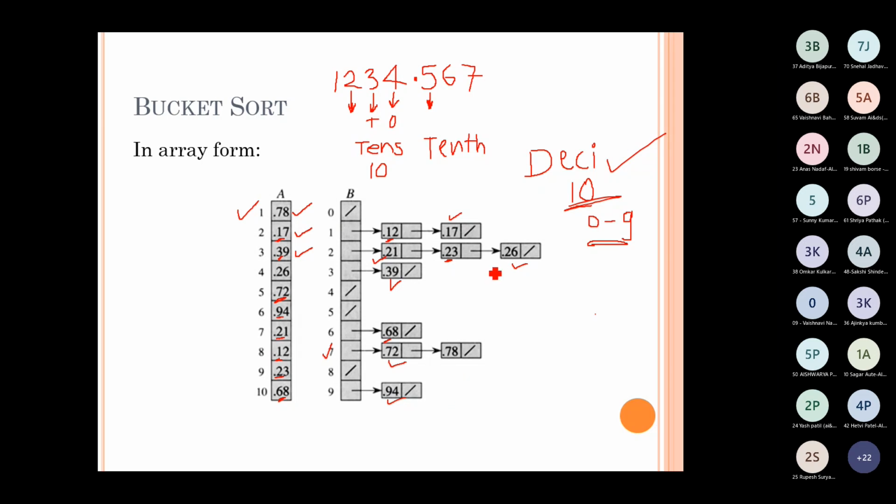Now ये just dumping किया है. Now these numbers are now sorted inside the bucket. So 0.12 and 0.17. Okay. So which is the larger number? 0.17. Which is a smaller number? 0.12. Which is this place? 2 का place क्या है? 12 में 2 का place क्या है?